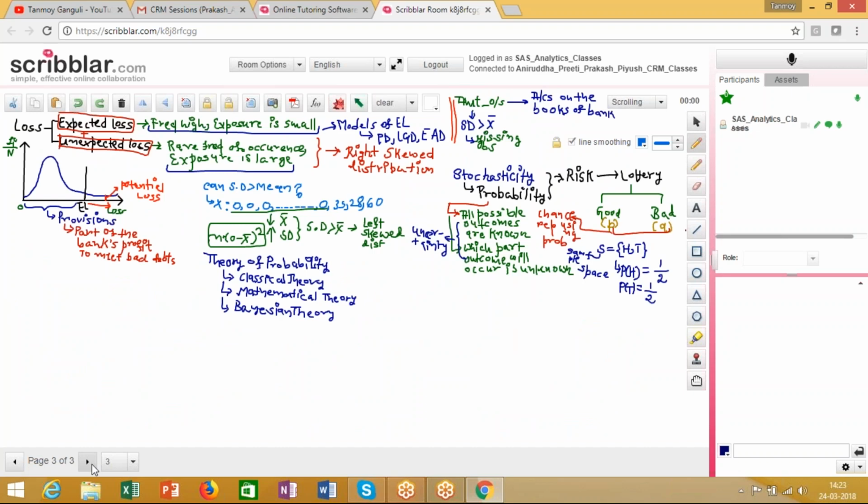From there we started framing an idea about how a variable can be represented, and how these measures can help us create an insight about the behavior, about the distribution of a given variable, right?